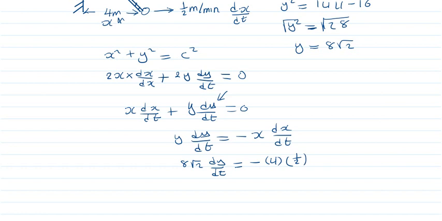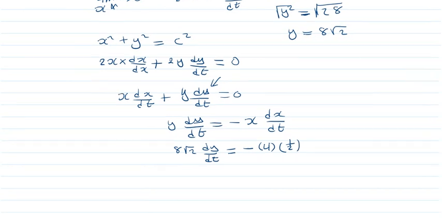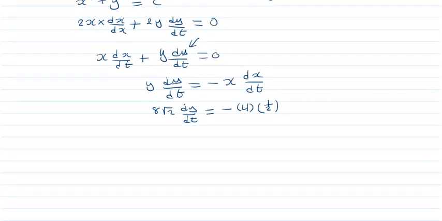Using this information, we can find dy/dt by multiplying throughout by 1 over 8 root 2. When you multiply here, it cancels out. Here you have negative 4 multiplied by 1 over 2, everything over 8 root 2.